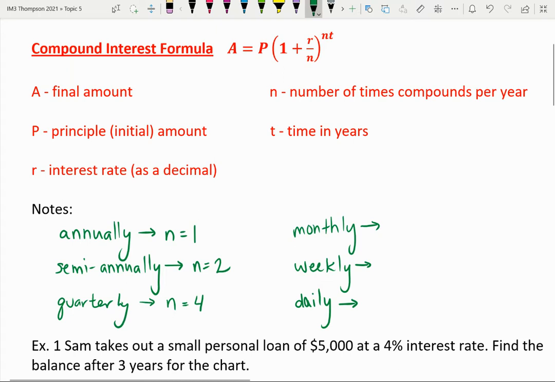If I do something monthly, if I give my dog a monthly medication, there's 12 months in a year, so that would mean N is 12. Do you guys know how many weeks are in a year? I don't know. Is this something you pay attention to? 40?